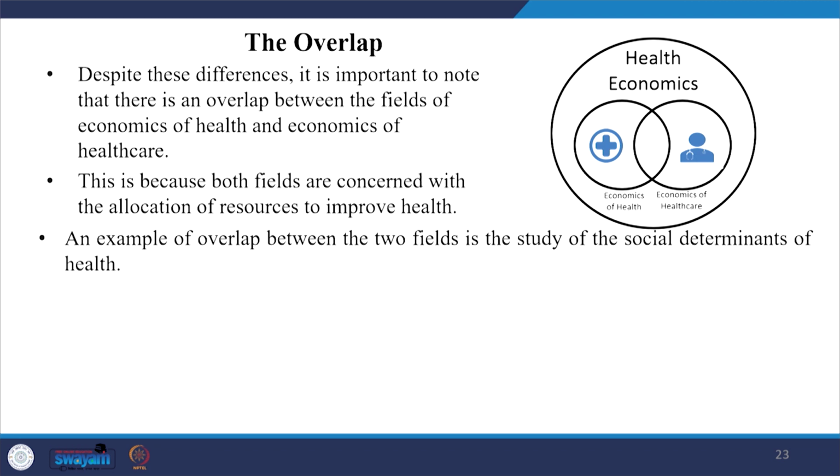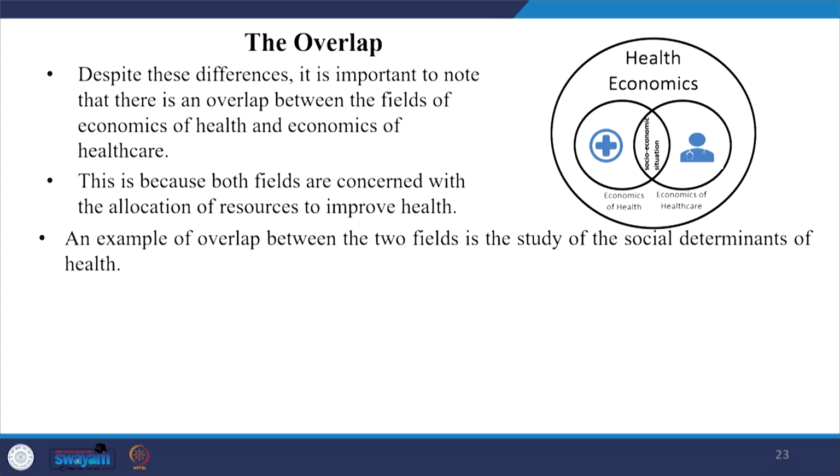And another important overlap between these two fields is through social determinants. They are part of the economics of health. They are also part of the economics of healthcare. Okay, and so we have highlighted here socio-economic determinants, or the situations which are actually determining the choice functions or defining health as an economic good.